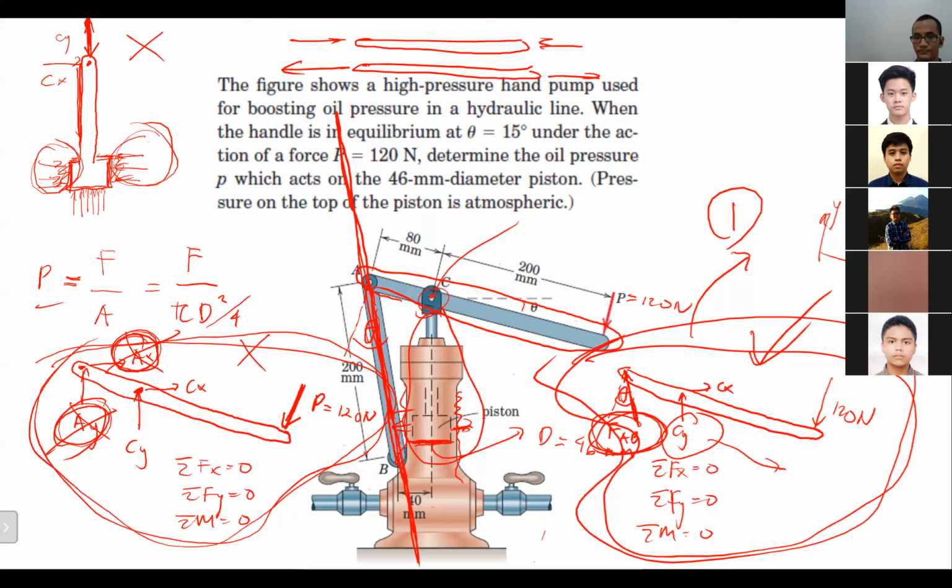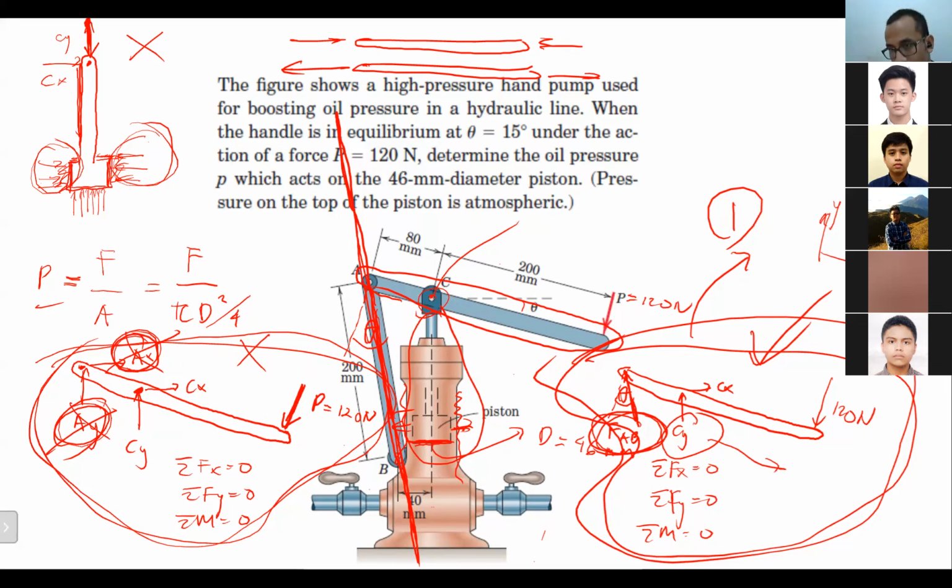Yes, sir. But I thought it would be the same on the left and right. If it's still the same as well, the moment can happen there, so it's not necessarily a two force member. When you want to assume it as a two force member, it must be clear that it's a two force member.